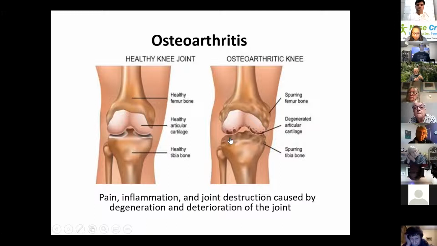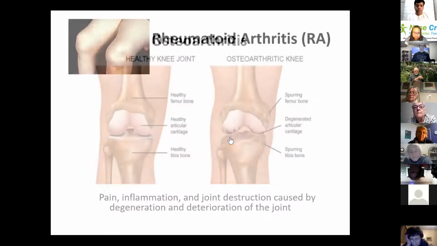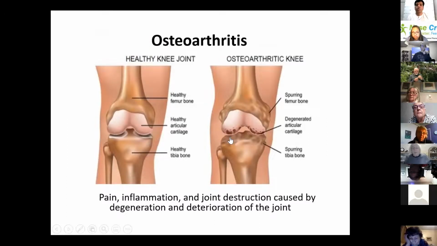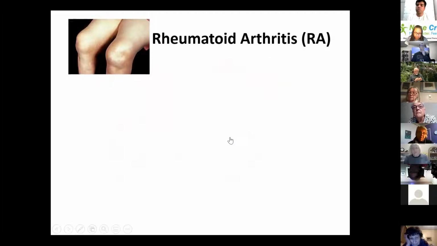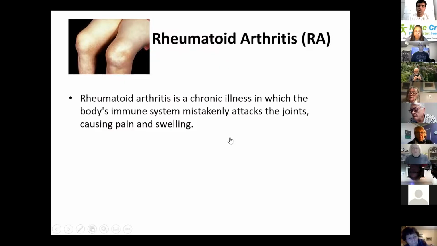Okay. So this is the common presentation of osteoarthritis, which is more mechanical. And there is another type of arthritis. We call it rheumatoid arthritis, where, as I said before, our own body system is attacking the joints.